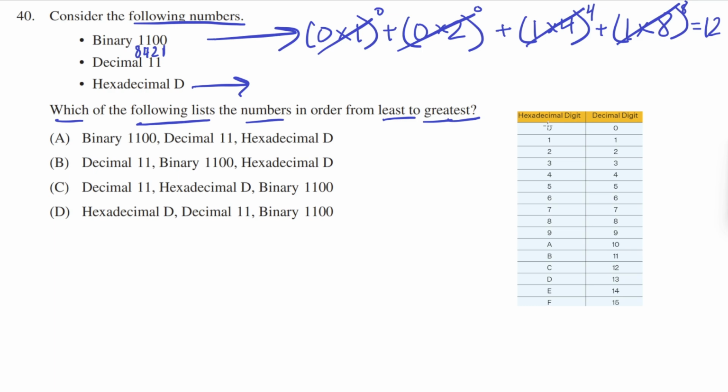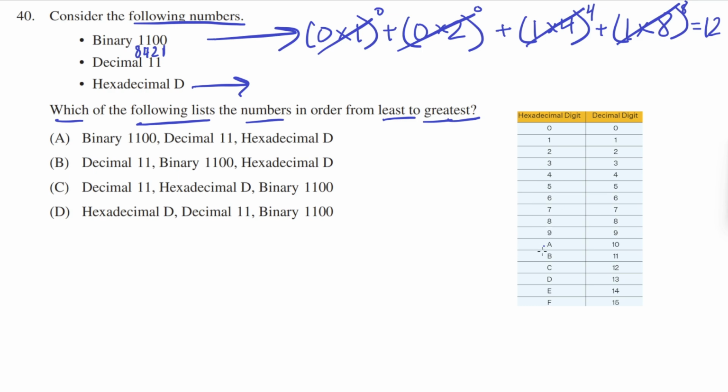It starts from 0 and ends at 9, and then since there are 16 total, you add the letters A, B, C, D, E, and F, and the decimal values of each of these. So for the first 0 through 9, it's literally the same. The hexadecimal and the decimal values are the same.